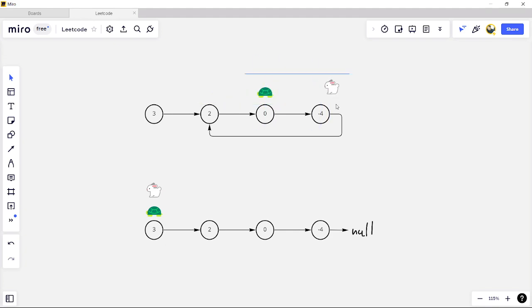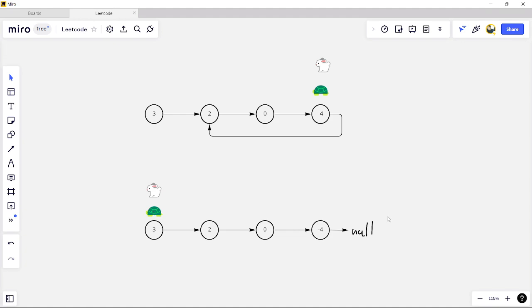So the hare will come to 2, because after -4 it is linked again, its next node is 2. Then again the tortoise moves by one place. At that time, the hare will again move by two places, and the hare will meet the tortoise again at this node -4. That means that there is a cycle in this linked list.